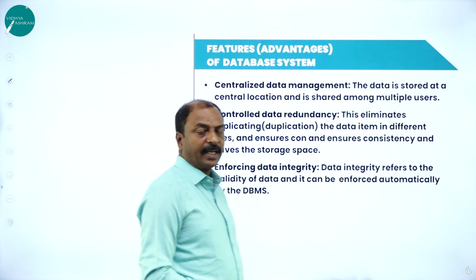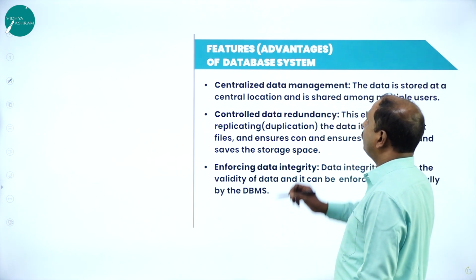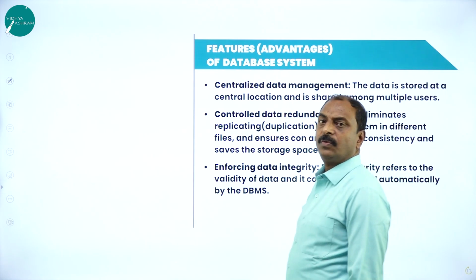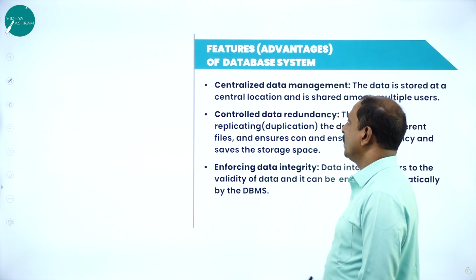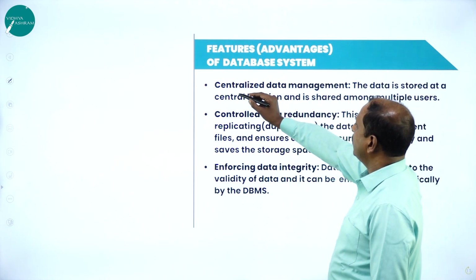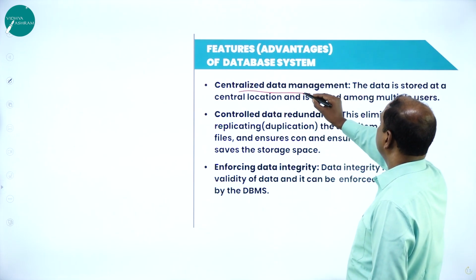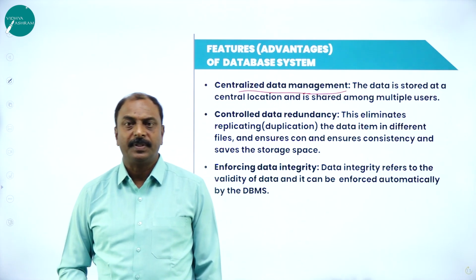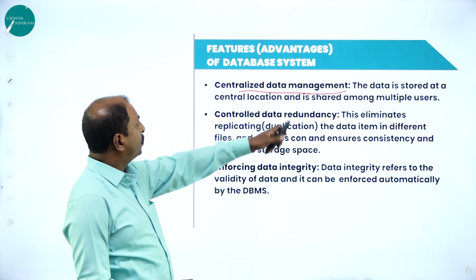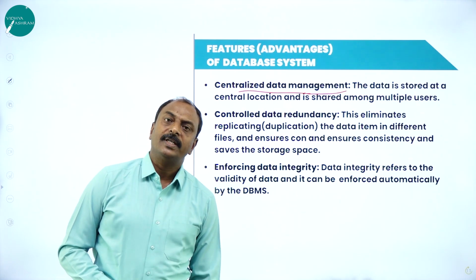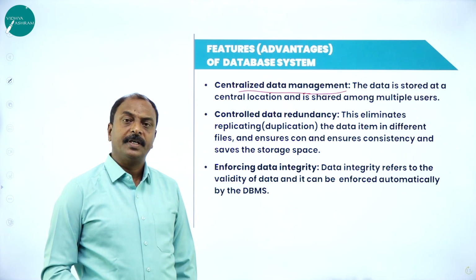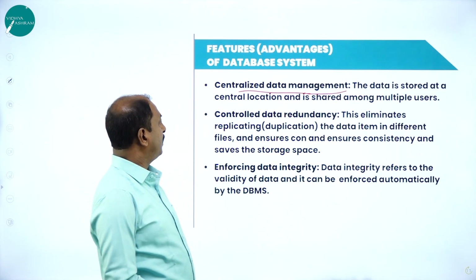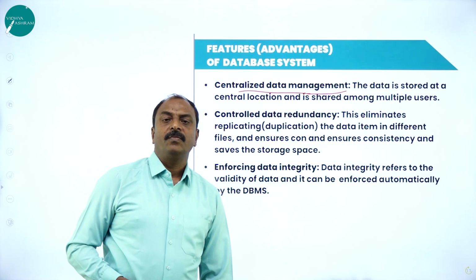In the next slide, we will see the different features of a database system, or the advantages of a database system. The first one is centralized data management. In a database, the general concept is that all the data are stored in one centrally located place or system.